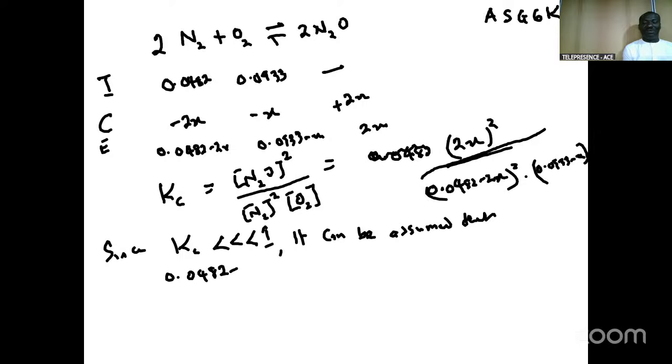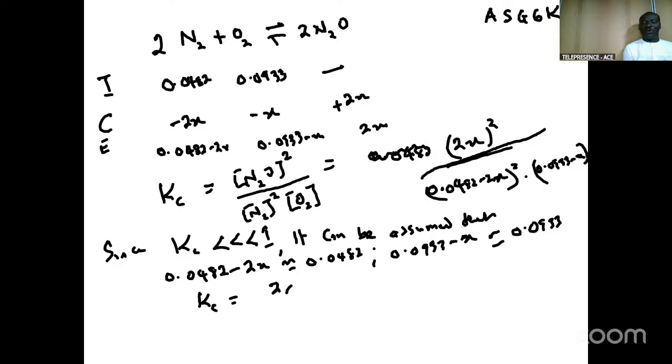that 0.0482 minus 2x will be approximately equal to 0.0482. Similarly, 0.0933 minus x will be approximately equal to 0.0933. And if we use that there, we can say therefore that Kc will be equal to 4x squared.